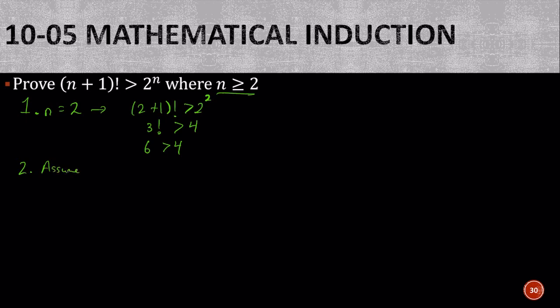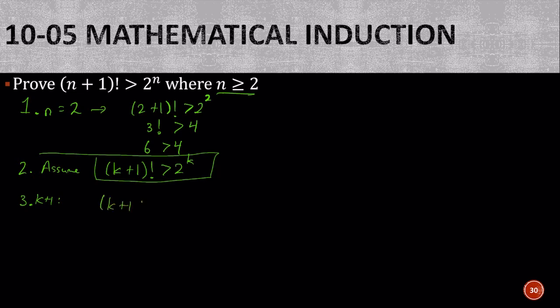Okay, we're going to assume it works when n is k. So we're going to replace the n with k. And we're going to have to remember that little bit there. And now we use the k plus 1. So if I plug in a k plus 1, boy, we have to figure some things out, don't we?